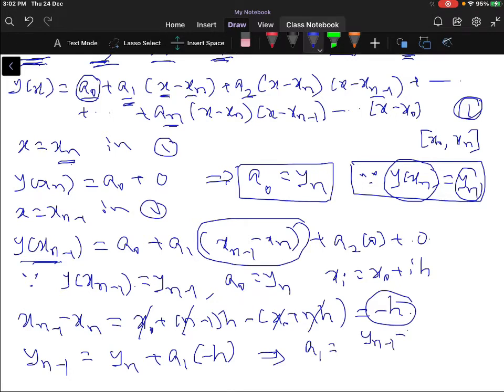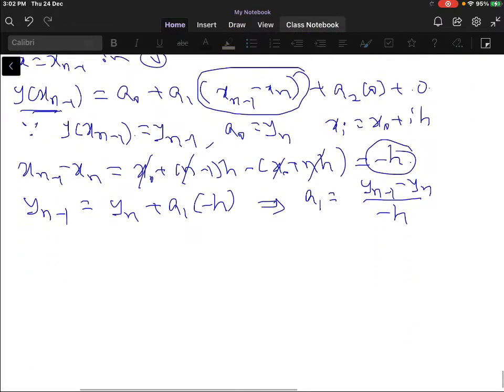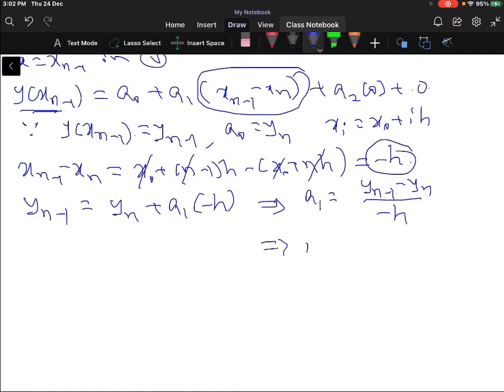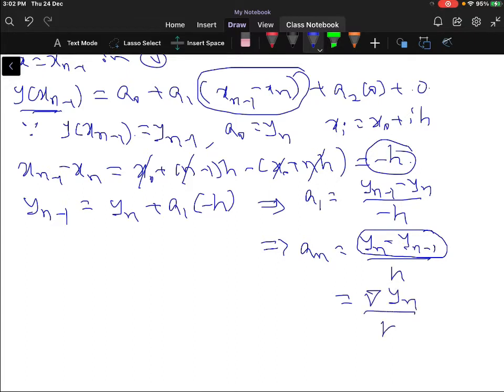So this implies a1 is equal to yn minus 1 minus yn divided by minus h, which is equal to yn minus yn minus 1 by h. Using the backward difference operator, this can be written as nabla yn divided by h.